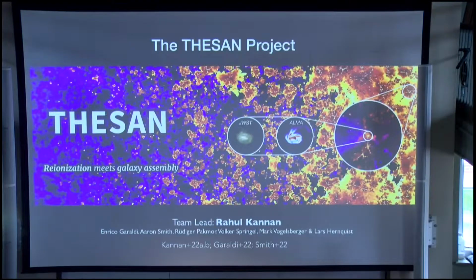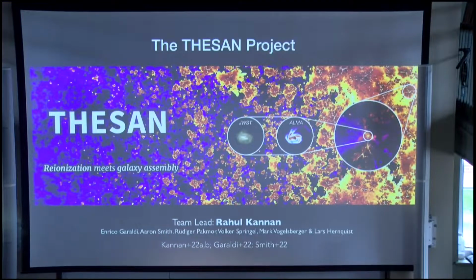So the question is, can we improve it? And that's where the THESAN project comes in. We basically have fully consistent, large volume, high resolution radiation hydrodynamic simulations, and we put out four papers recently on this topic. And in this, you can see the power of these reionization simulations.